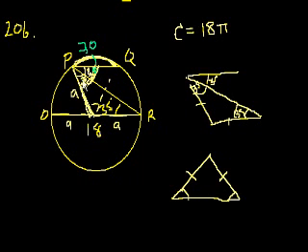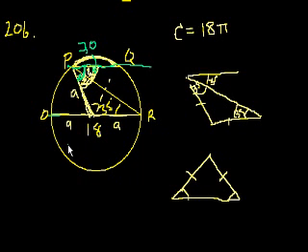And how did I figure it out? I figured out this is 35 because this is an isosceles triangle, and I figured out that this is 35 because it's an opposite angle from a transversal between two parallel lines, because that line is parallel to that line.